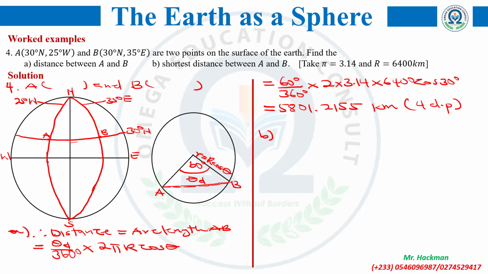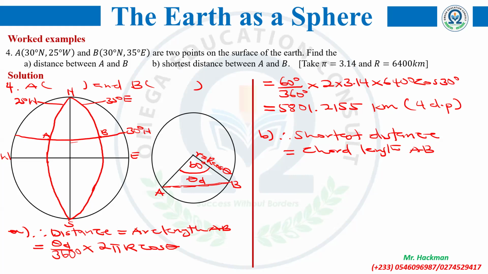Okay, so in this case, I'm going to write shortest distance will be equal to chord length AB. So this time around, it will not be an arc length, it will be a chord length.